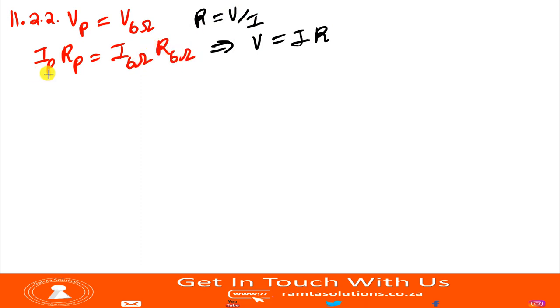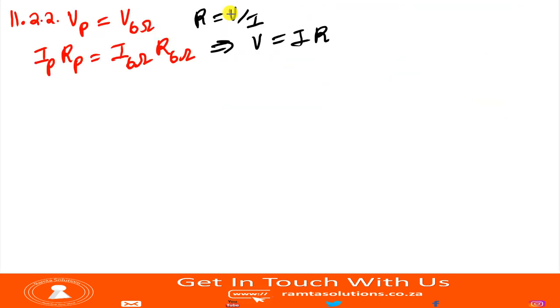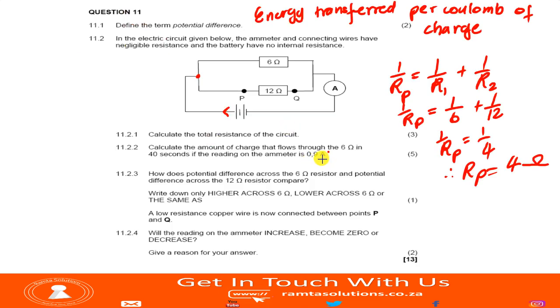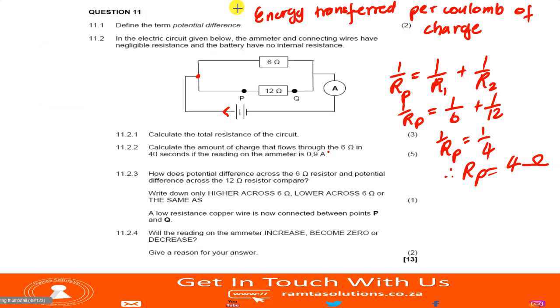Ip is the total current, 0.9. The resistance of the parallel combination, Rp, we calculated as 4 ohms.